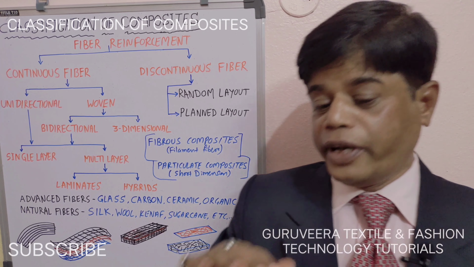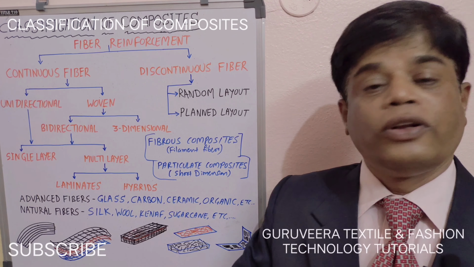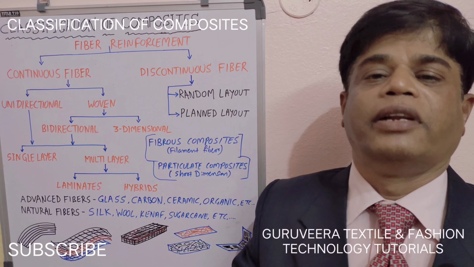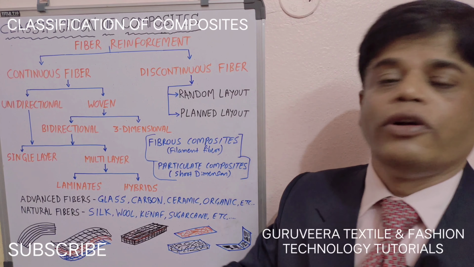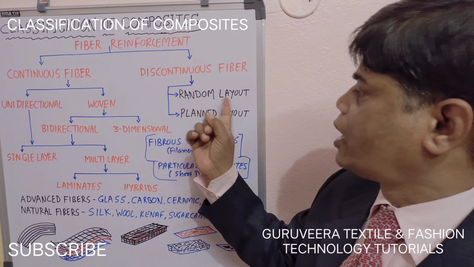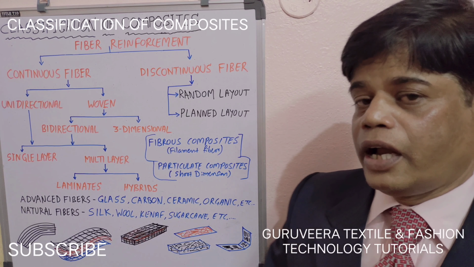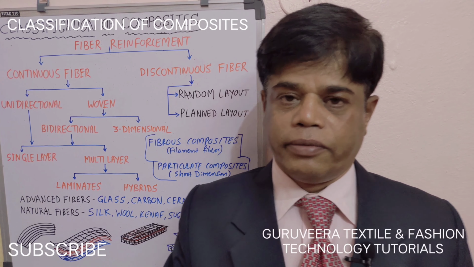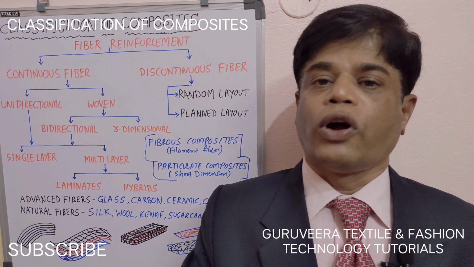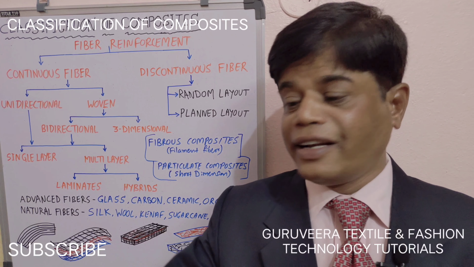In discontinuous fibers, the fibers are not proper filaments; they are placed randomly. The first method is a random layout, and the second method is a planned layout. In the random discontinuous fibers, they may be crystalline, particles, short fibers or even filaments, crisscrossed and randomly placed.